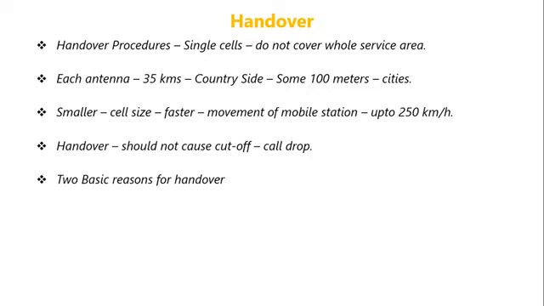There are two basic reasons for handover. So why should handover be done? The first reason is the mobile station may move out of the range of a BTS or a particular antenna.